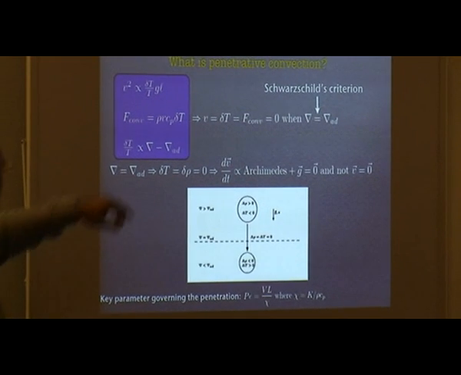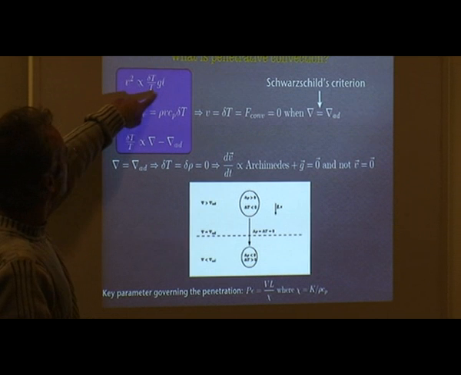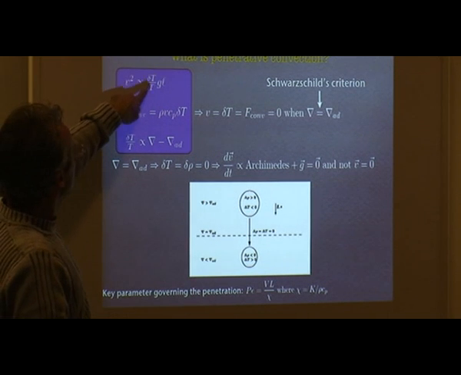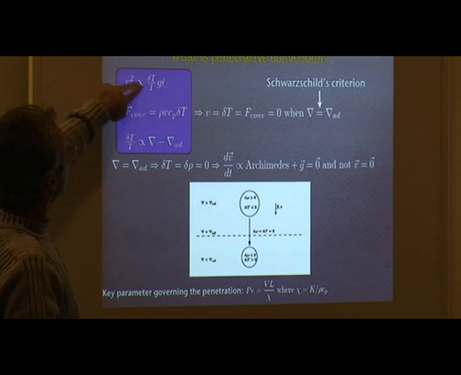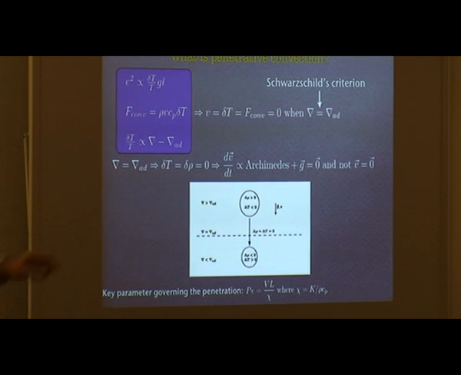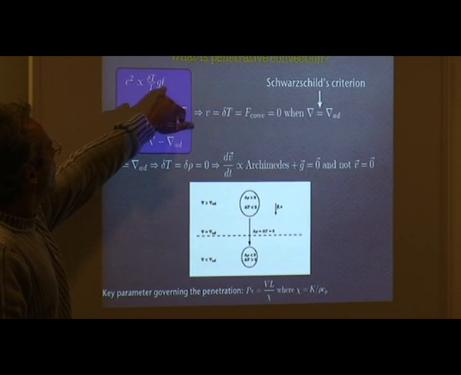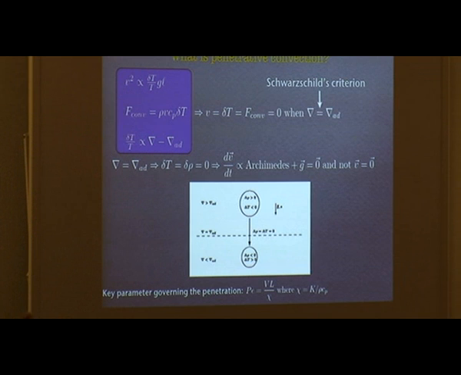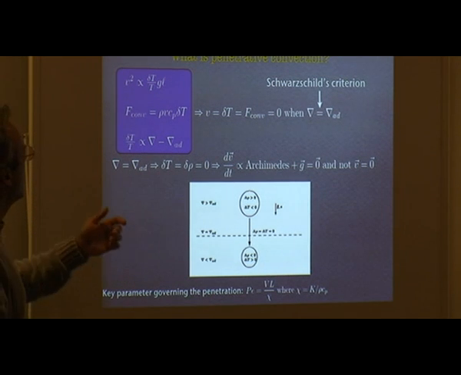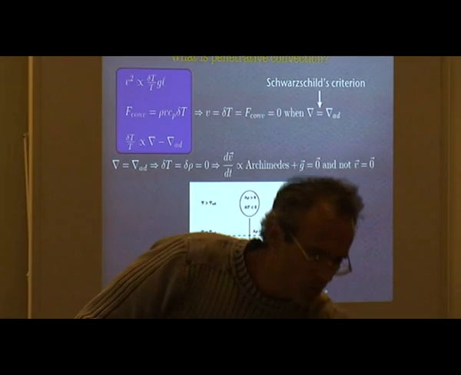The mixing length theory relates the kinetic energy of the blob to the Archimedes force, which involves the mixing length L. L is some multiple of the local pressure scale height. The convective flux is this one, which is a correct expression, no assumption.